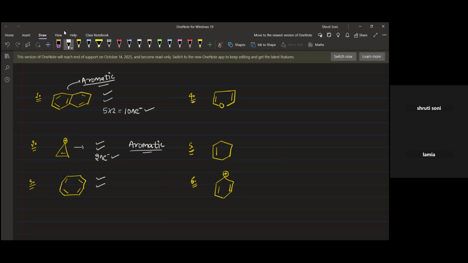Four pi bonds times two is eight pi electrons. So is it aromatic or anti-aromatic? Anti-aromatic. So it needs to be anti-aromatic, but it changes into non-aromatic.